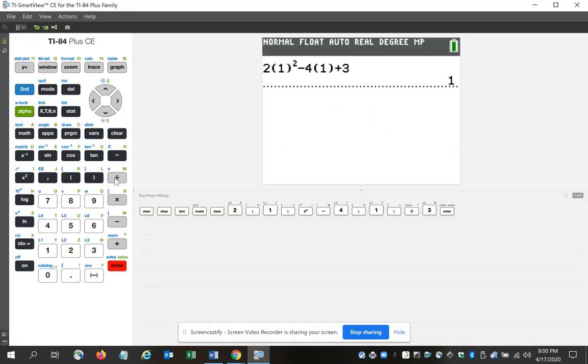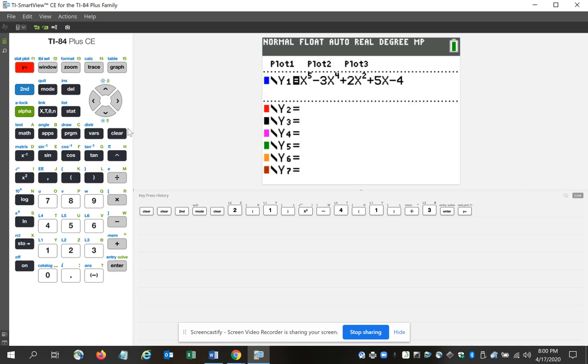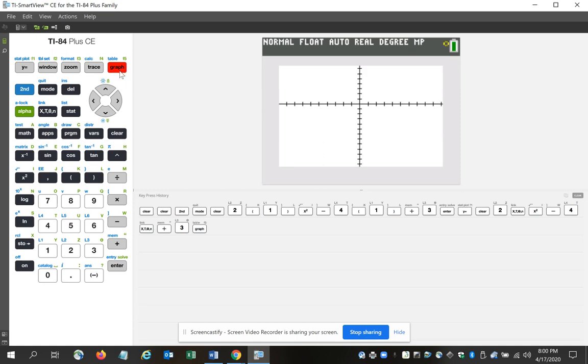So I'm going out to my graphing calculator. Y equals, I'm going to clear out the one that's in there. We're going to type 2x squared minus 4x plus 3, and I'm going to graph. Again, notice visually you don't see any x-intercepts.